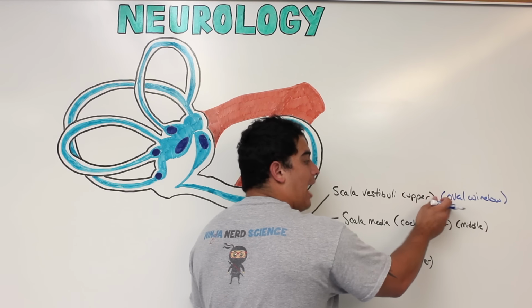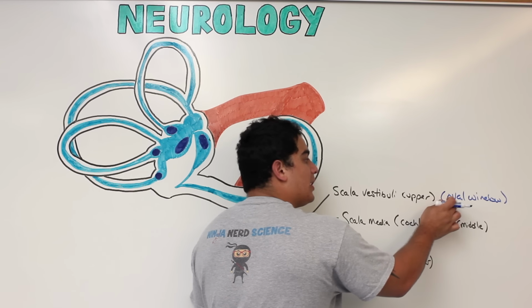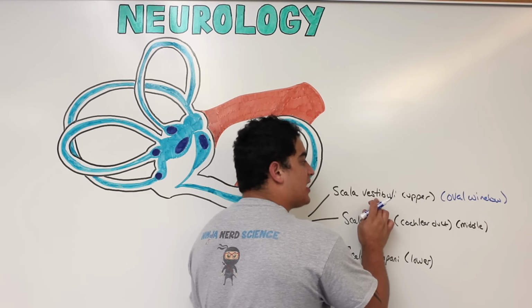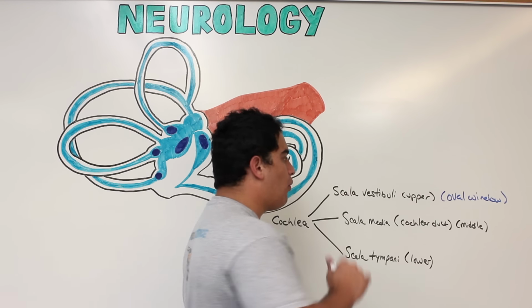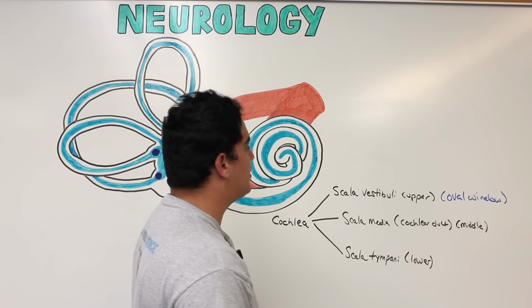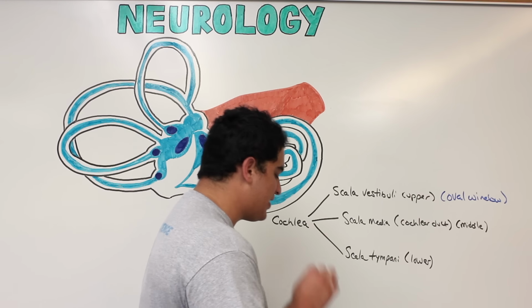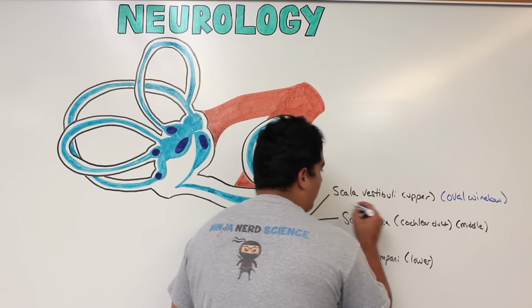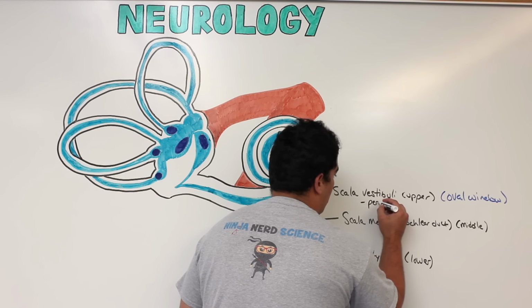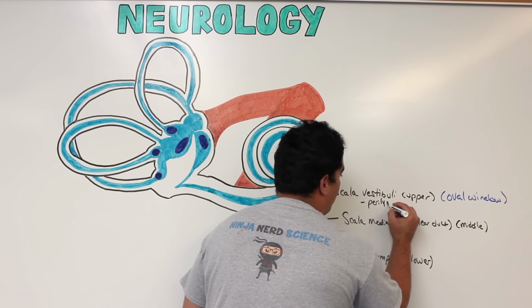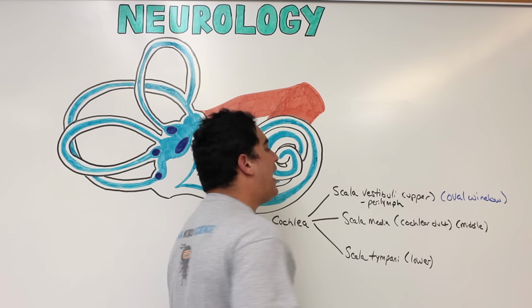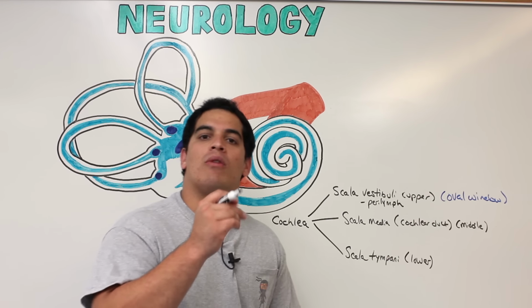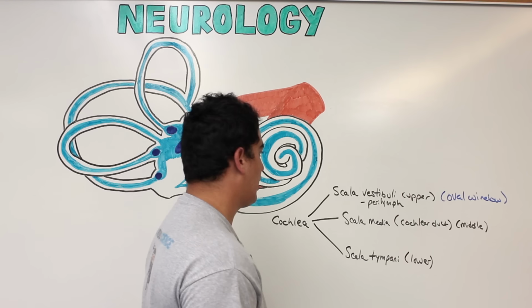And the stapes is tapping on this oval window. Really, when it's tapping on the oval window, it's tapping on the scala vestibuli. Why is this important? Because the scala vestibuli is filled with a specific type of fluid which we call perilymph, which is more of a harder-like fluid substance.